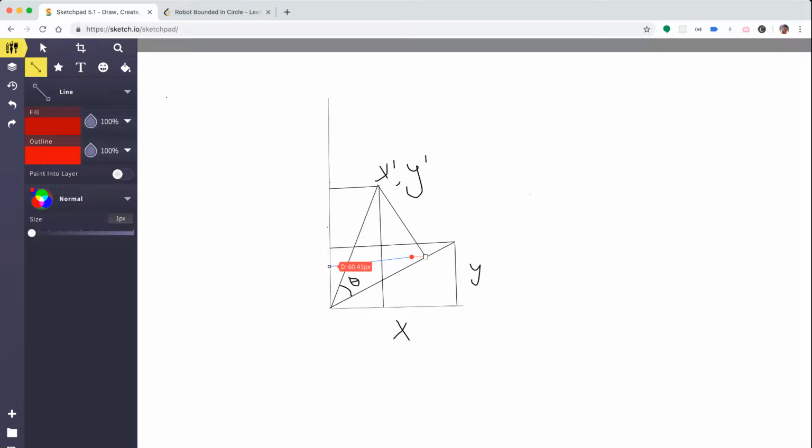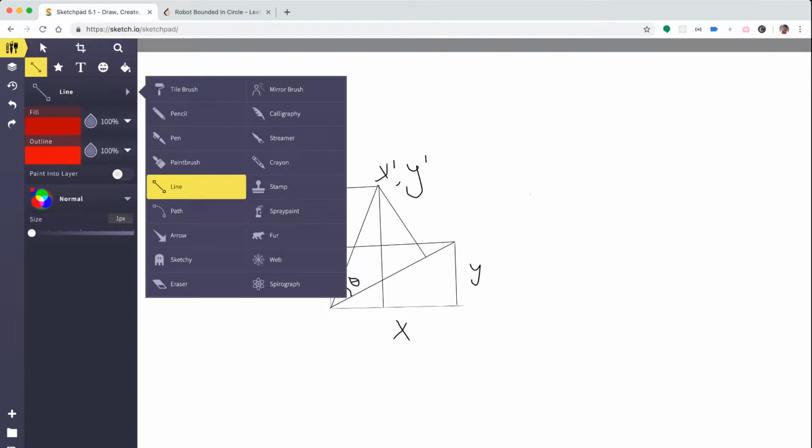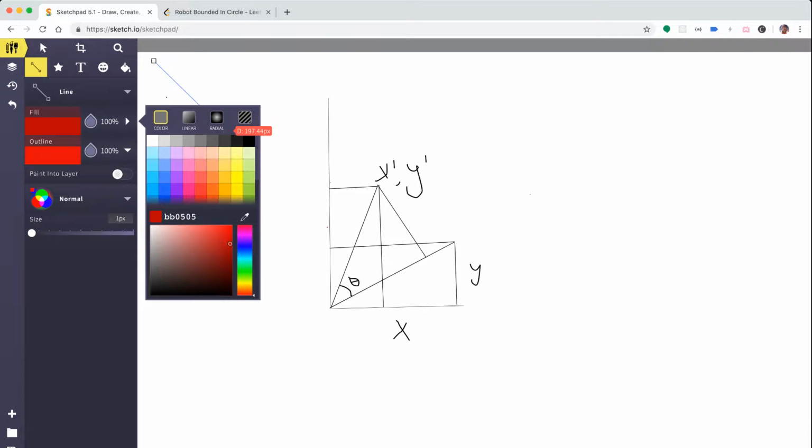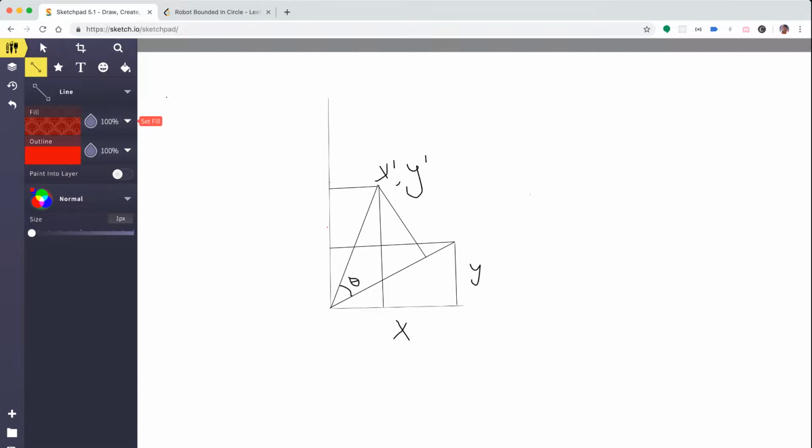Okay, it's working. We draw a line here, and this is also a line we draw.